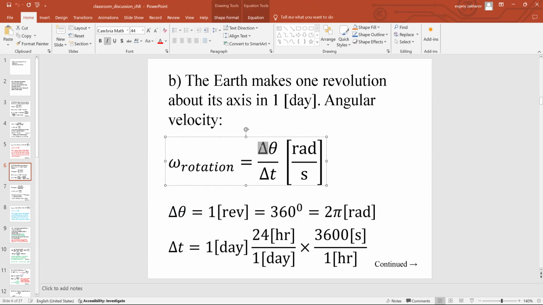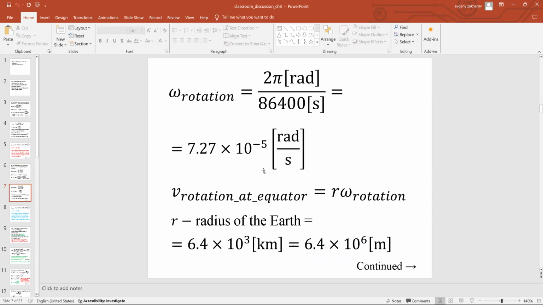This is the angular displacement. And the moment of time must be in seconds. So 24 hours, convert that into seconds. Hours cancel, and it's actually 86,400 seconds.